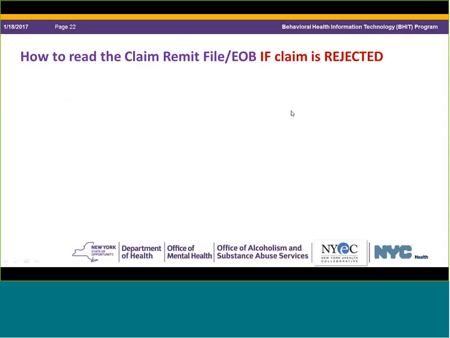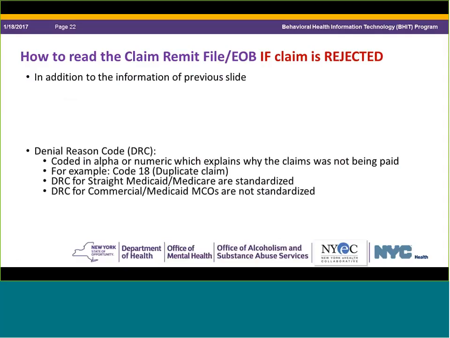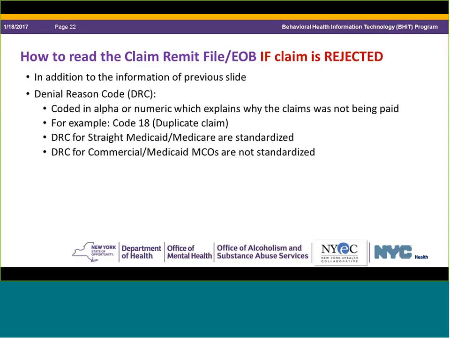What happens if the claim is rejected, Mitch? Well, if the claim is rejected, we have to find out what's going on. In addition to the previous slides that we saw, there are additional fields. One of the most important additional fields is the denial reason code. That was that DIS that I indicated before. But what are the denial reason codes? These are codes which explain why a claim is not being paid.